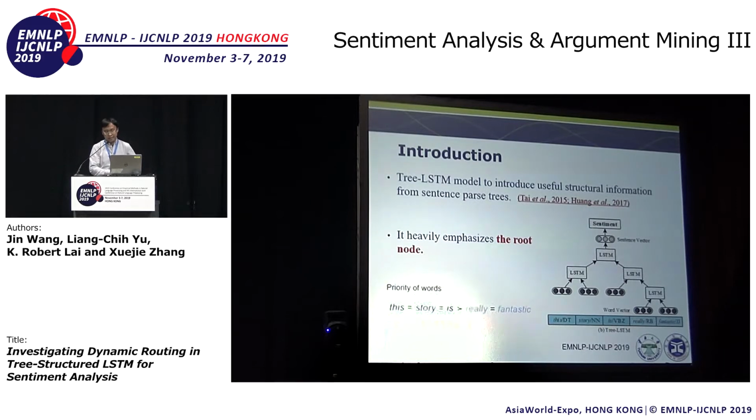That is, words that are close to the root will be given higher priority than words that are far away from the root. The tree LSTM still could not avoid the bias problem because the node, for example, fantastic, that contributes more to the prediction, lies in the leaf node at the bottom of the tree.